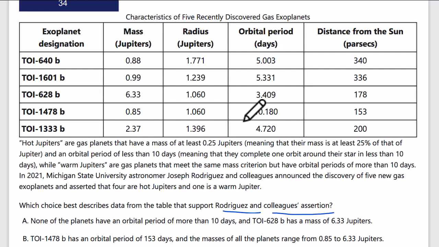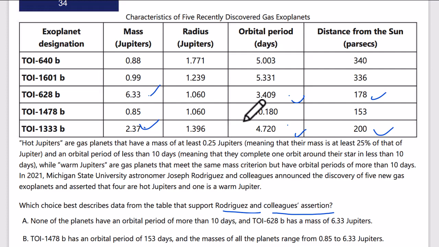And what do I notice? If the mass is higher, radius is not fundamentally different. The orbital period is shorter, so higher mass, shorter orbital period, and closer distances with one exception. Yeah, that one there. Okay, so something's going on here.